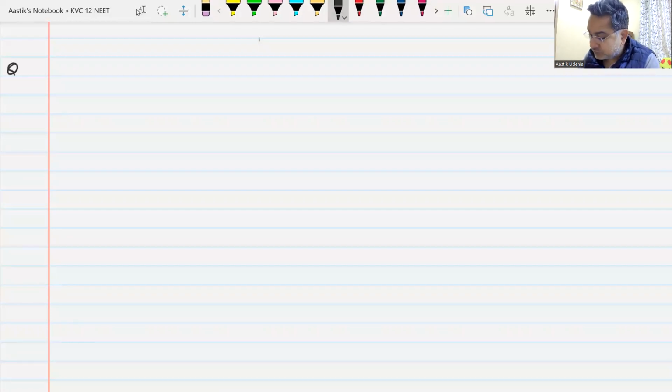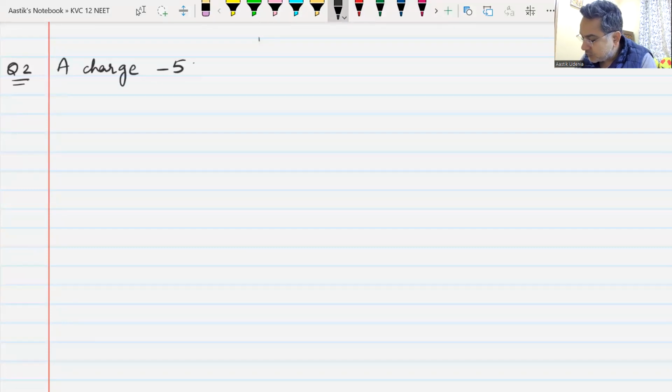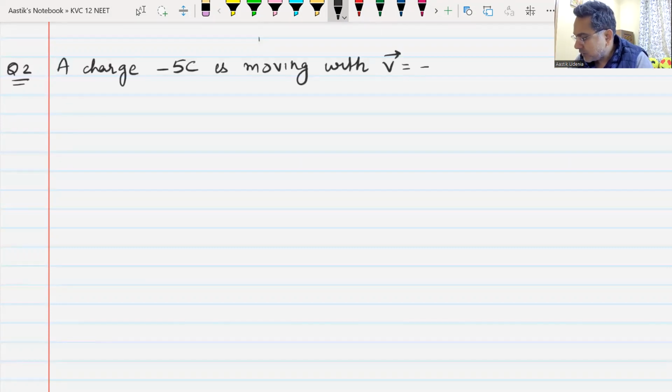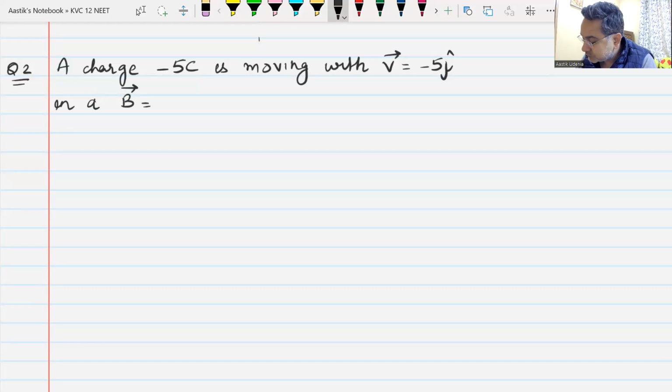This one, question number 2. A charge minus 5 coulomb is moving with a velocity minus 5J in a magnetic field B, which is along 2K.